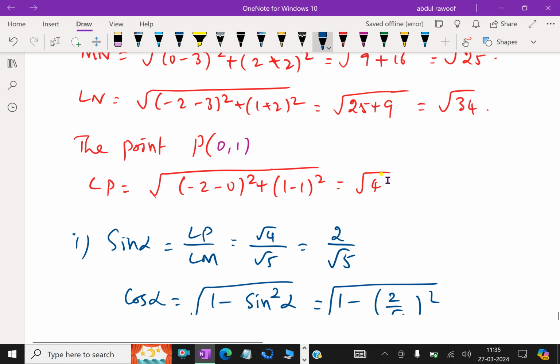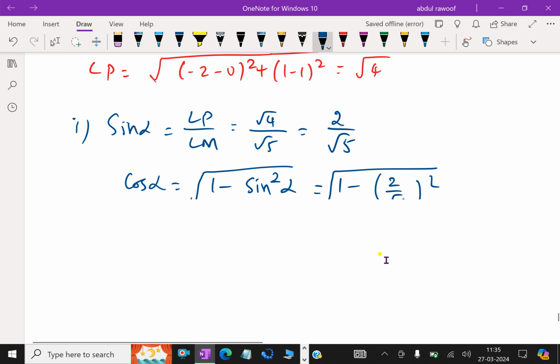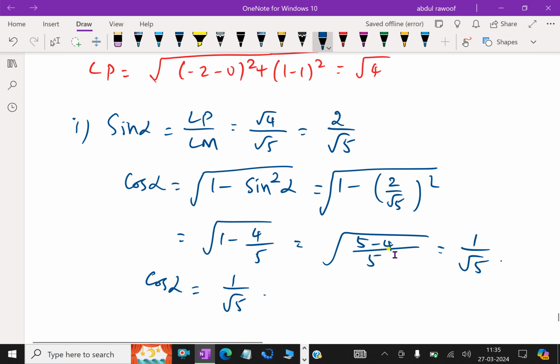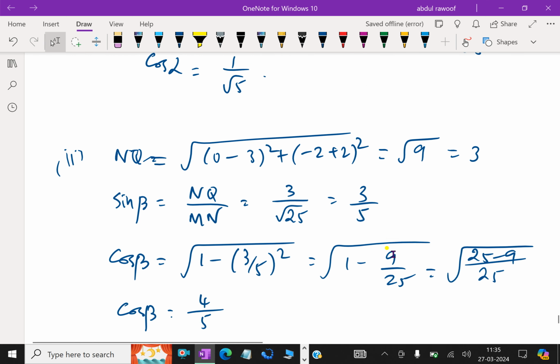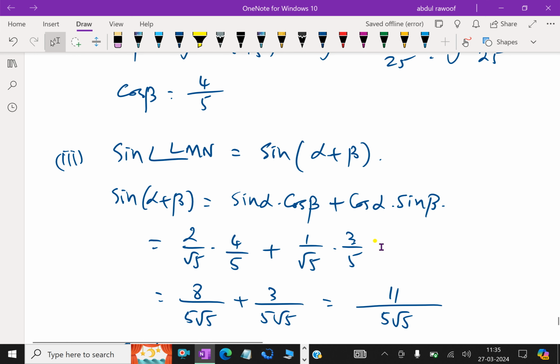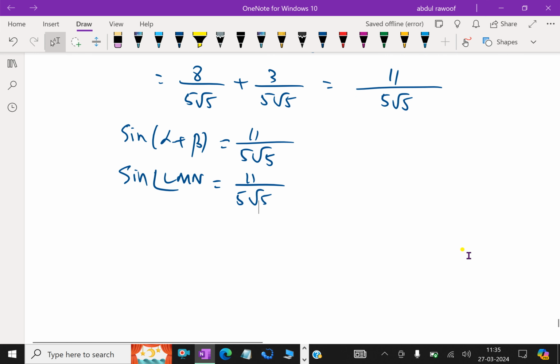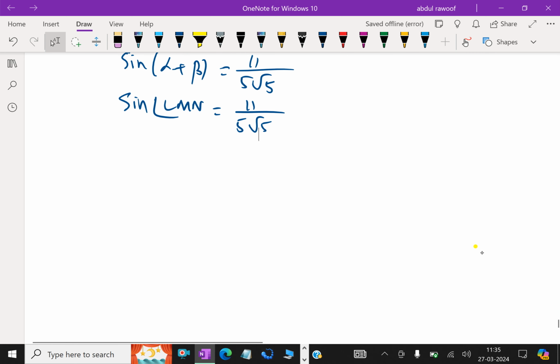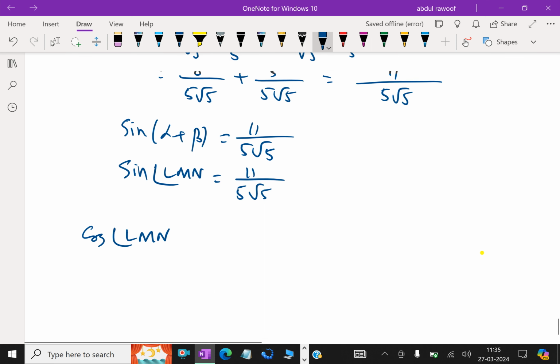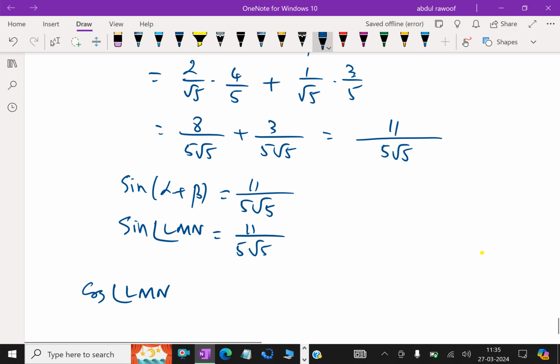For tan LMN we need sine and cos. We have sine LMN, and now we need cos of LMN, which is the fourth one.